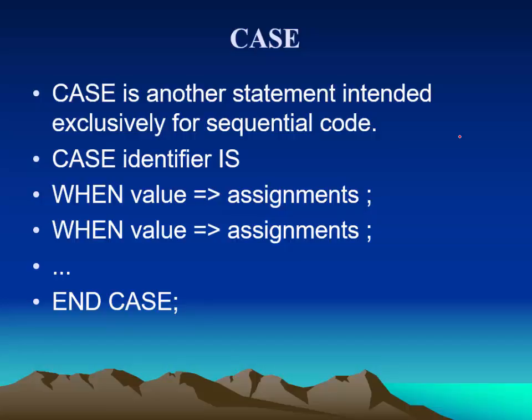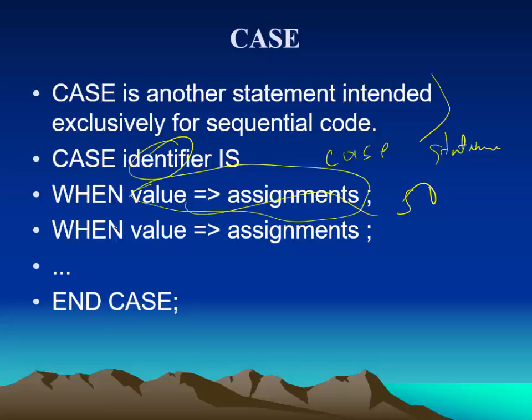So regardless, the case statement is a very, very powerful tool intended exclusively for sequential code. This is case identifier. So we can use, for example, case state machine, which is a variable name that happens to have a series of states listed. Case identifier is when value, when S0.